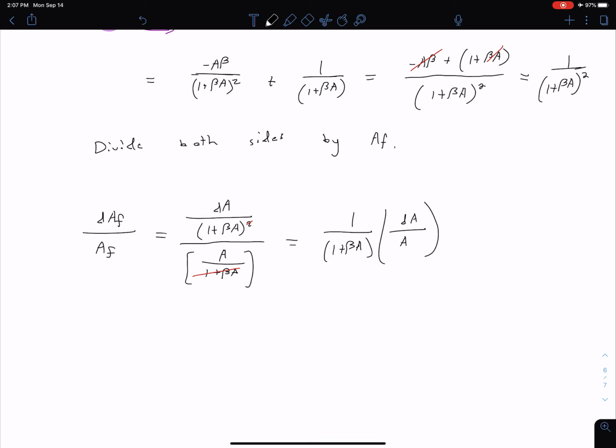Now we can see we're relating our percent change in our closed loop gain to the percent change in our open loop gain.